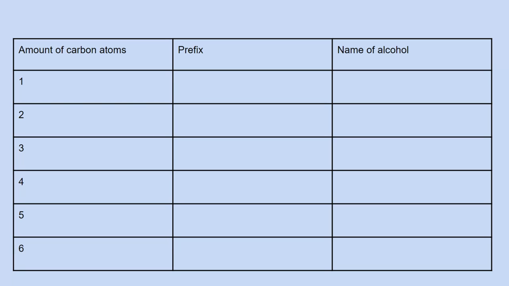Okay, we'll go through the answers. 1 carbon is meth, 2 carbons is eth, 3 is prop, 4 is but, 5 is pent, and 6 is hex. If you can remember your mnemonic for that, monsters eat pupils but prefer hamburgers.